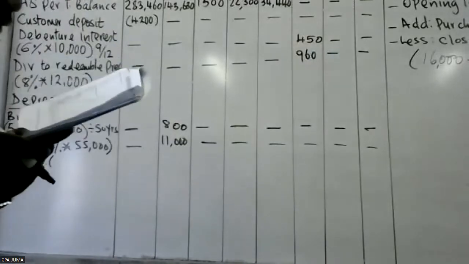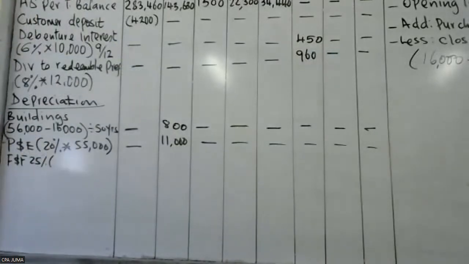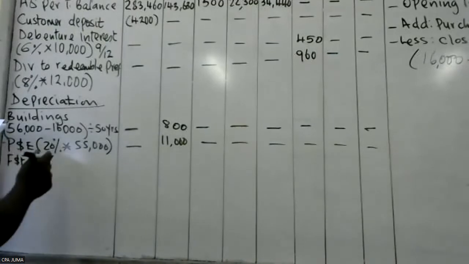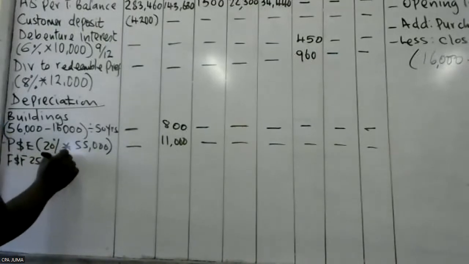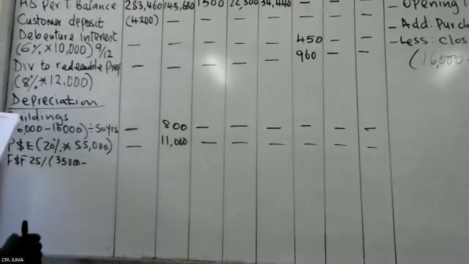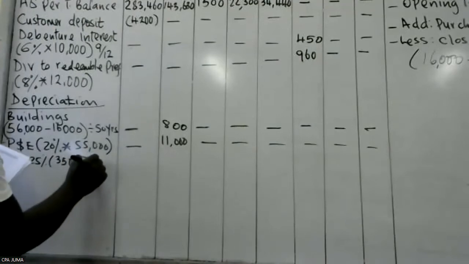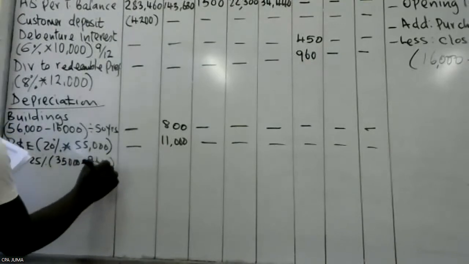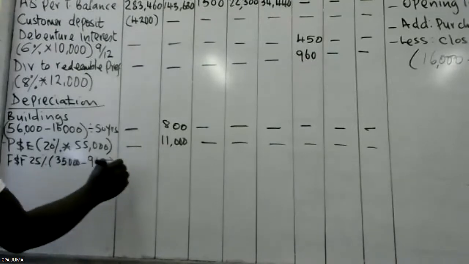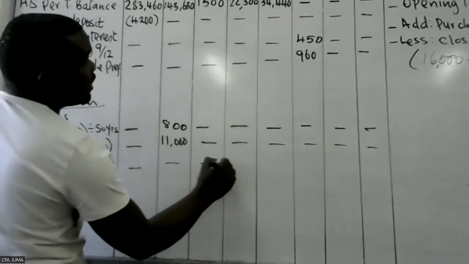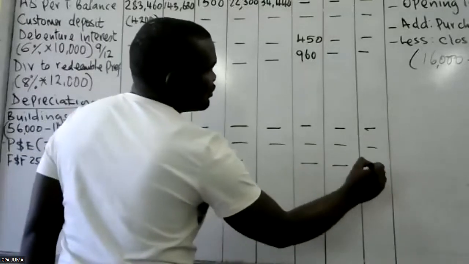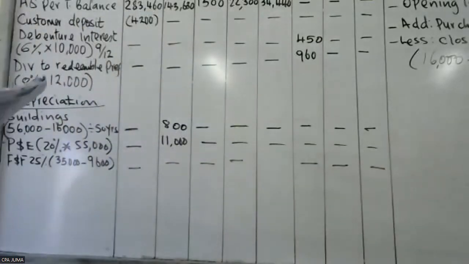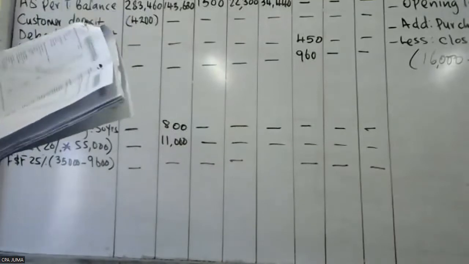What was the cost of F and F? 35. 35 minus the accumulated was 12,800, giving 9600. Then what you get, they have said we take it to admin.